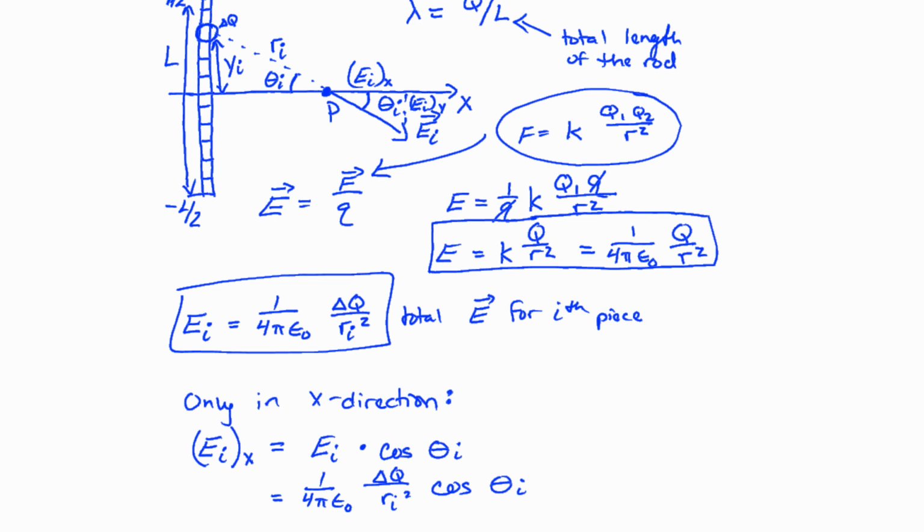I know that the distance r sub i, which is the hypotenuse of my triangle, is going to be equal to the height of that little piece that I'm interested in, y sub i squared, plus the distance of point P away from the line of charge, which I'm going to call d here, and I'll go ahead and mark on my diagram as well.